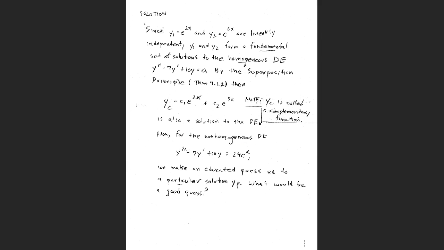All right, excellent. So now we have to solve this non-homogeneous differential equation, and we're making an educated guess. Michael suggested that for a particular solution, we could guess some constant times e to the x, and that's correct.